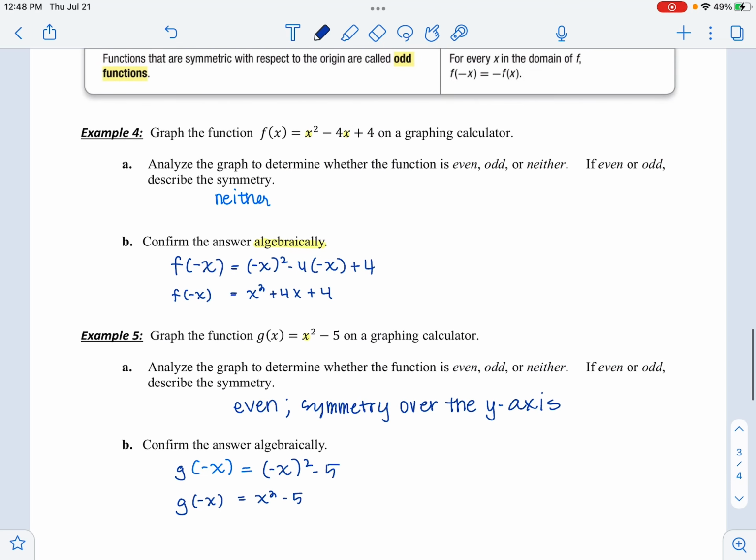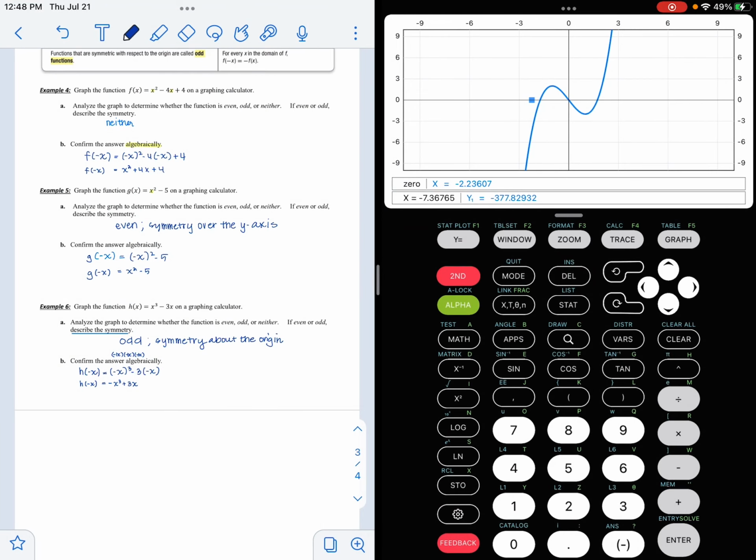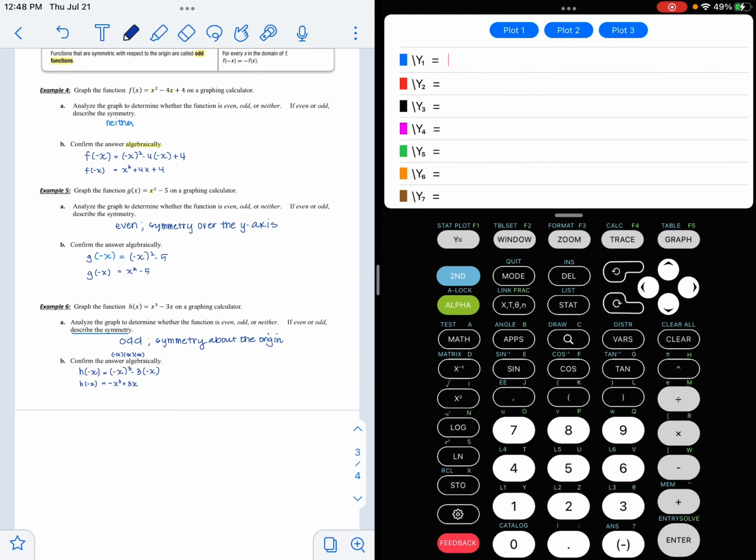And the last one, that's neither, I'm not going to say no symmetry. If you are saying, wait, can't you just say no symmetry? No, I definitely cannot say no symmetry. Because if we go back to this, let me clear this out and retype it. I know I'm working backwards here, but it's fine. X squared minus 4x plus 4, graph.